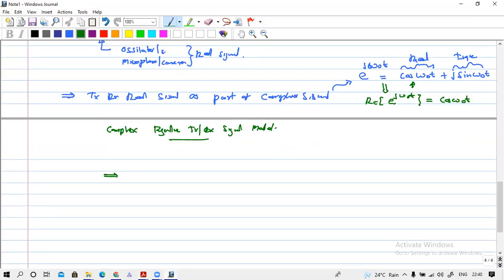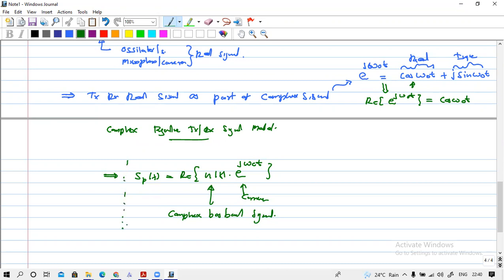We can write our transmitted signal or passband signal as the real part of u(t) e to the j omega c t. This is the carrier component, and this is the baseband component, which we call the complex baseband signal. Sometimes we use this model to represent our FM modulated signal.